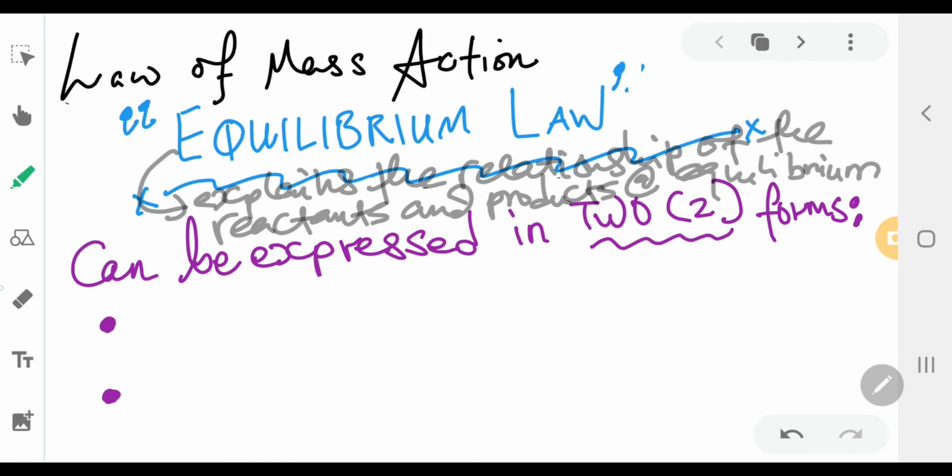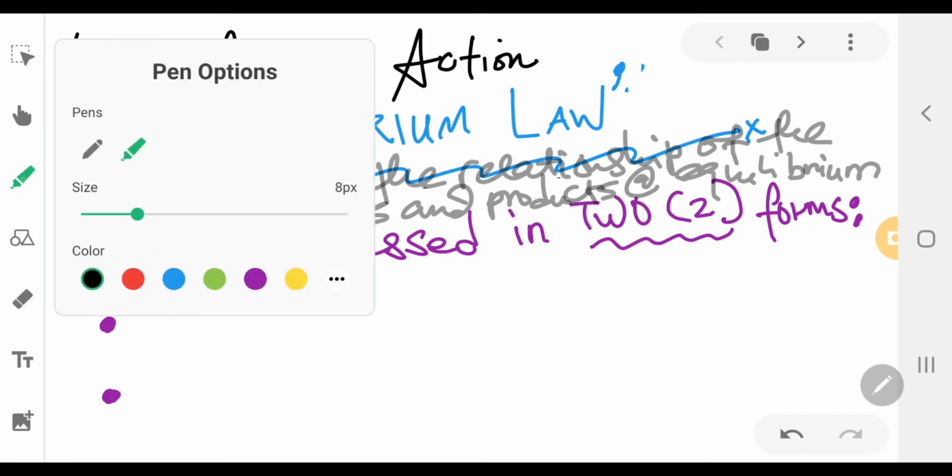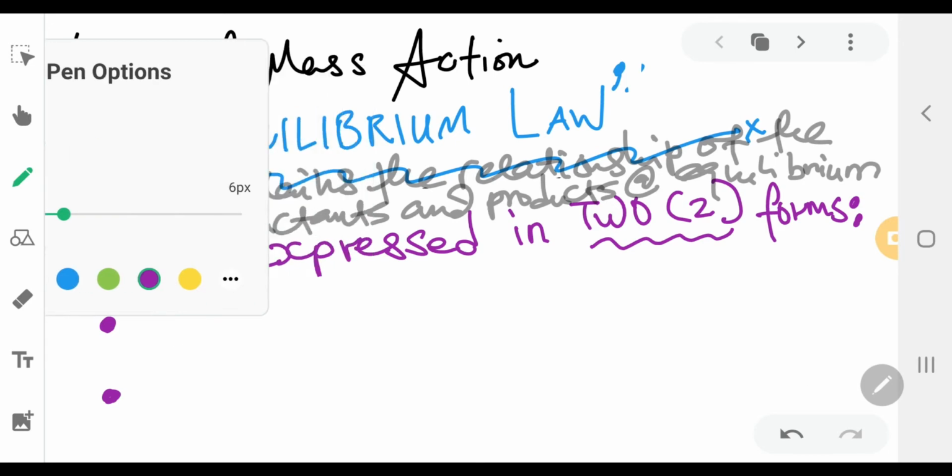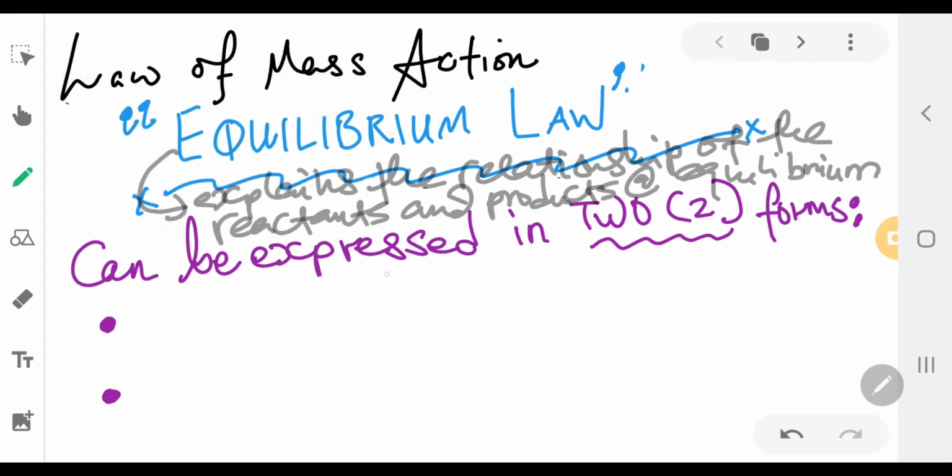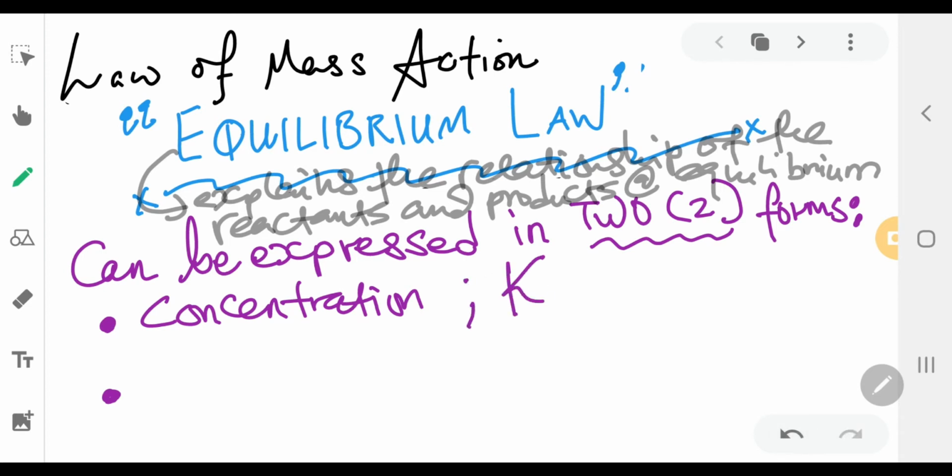It can be expressed in two forms. And what are those forms? Okay, the first one, it can be expressed in terms of concentration. And if we have that in terms of concentration, we're going to have the Kc.